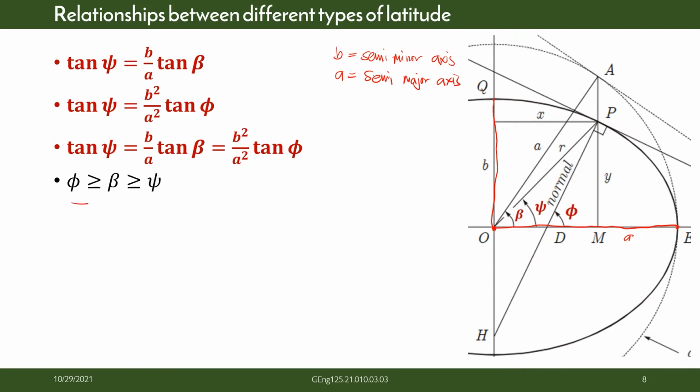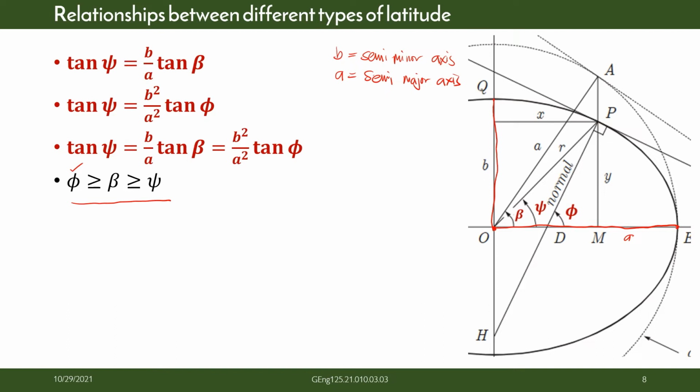If you try to solve the values, it should be like this. Your geodetic latitude is always the largest in value, and there are times that they will be equal.